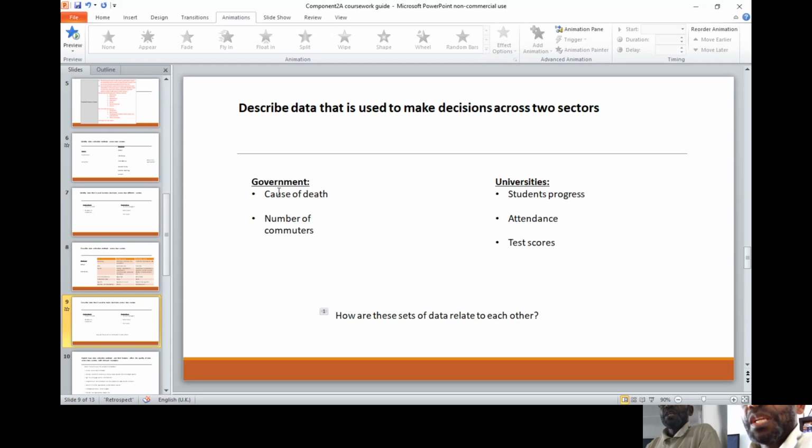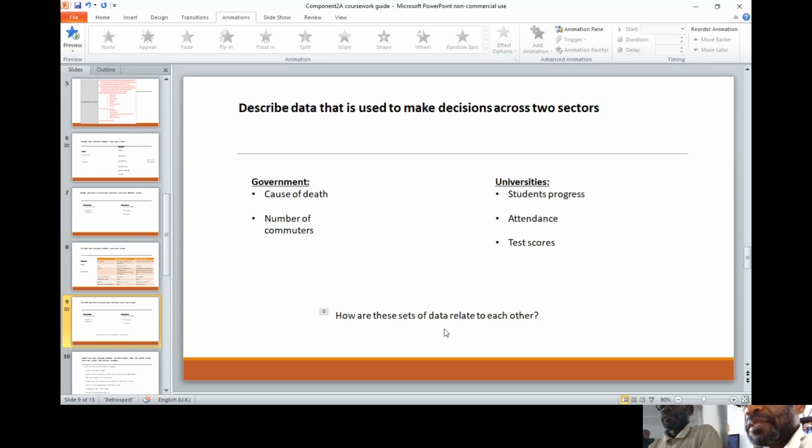So let's look at the first sector, the government. The government is collecting the data about the cause of death of individuals and the number of commuters.